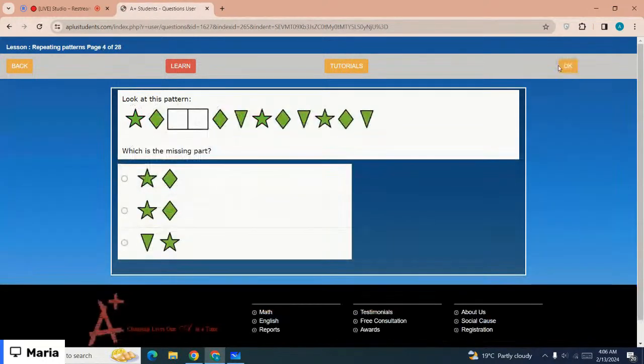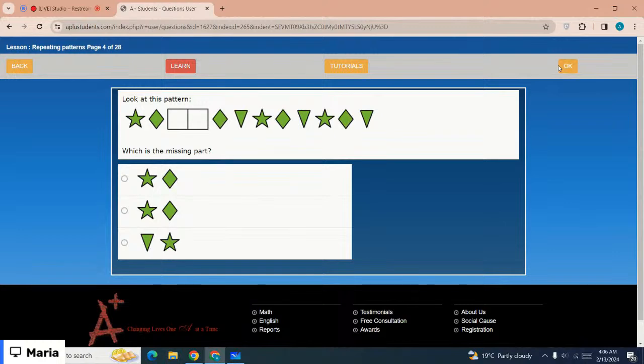It's okay if you guys have already done these lessons. We are just going to review all the lessons, right? Okay, look at this pattern. So which is the correct option? If you have already done these lessons, then you have to answer quickly, isn't it? Just understand the pattern first, right?